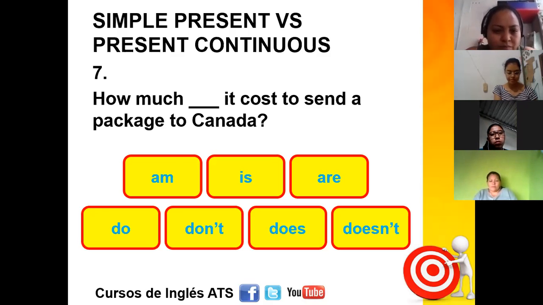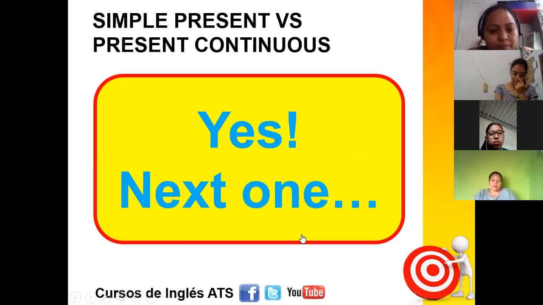Entonces significa que tiene un verbo. Si usted tiene un verbo y ese verbo no tiene ing, significa que usted necesita un auxiliar para hacer pregunta. Y ese auxiliar no va a ser is ni are. Auxiliar significa do y does. How much does it cost? Yes. How much does it cost?